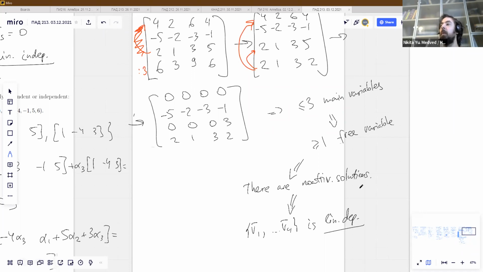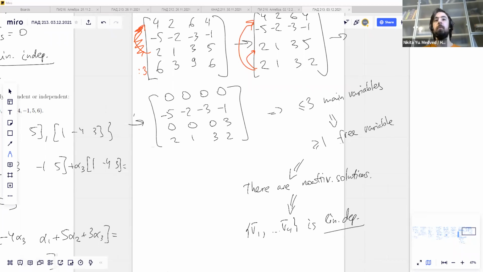Next time, we will talk about material of the last lecture and maybe some material from the next, which didn't happen yet. I hope we will catch up. So we will talk mostly about bases, special kinds of independent vectors that are very good and interesting. Okay, if there are no questions right now, then let's finish at this point.